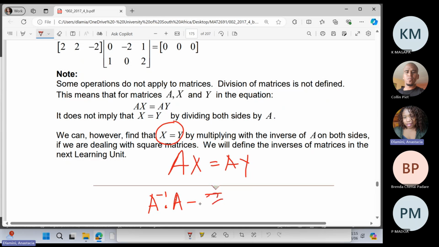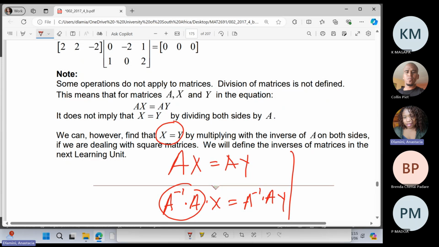So if I multiply both sides, A inverse times A times X equals A inverse times A times Y, then this forms an identity: the identity times X equals the identity times Y. And there's a property that says a matrix times the identity is the same as the identity times the matrix, which is just that matrix. Therefore, that's where we get the Y.